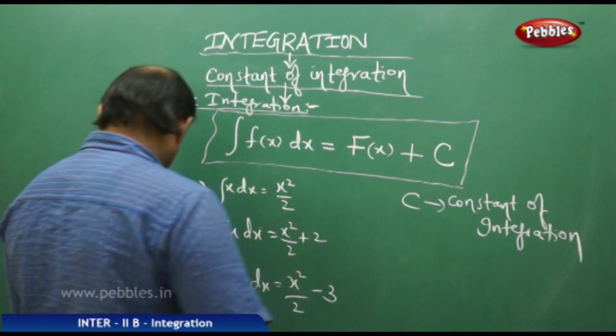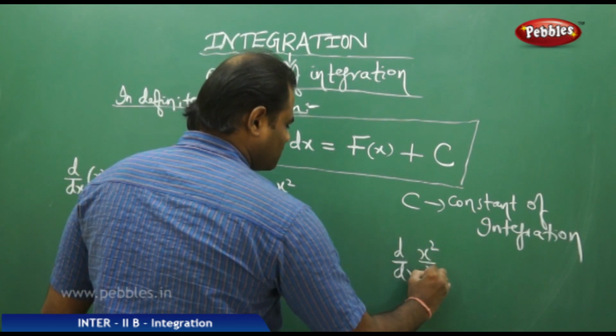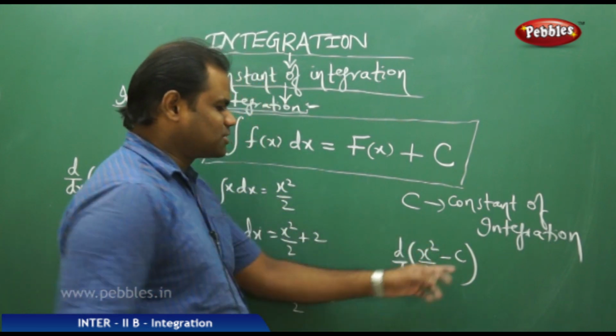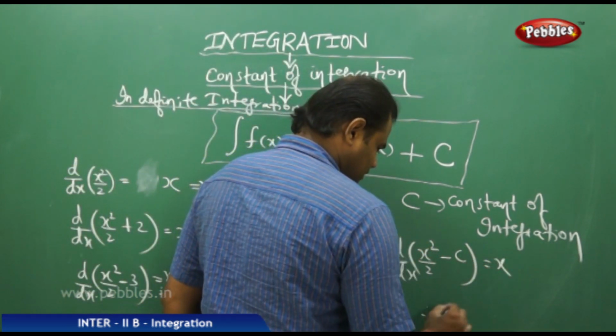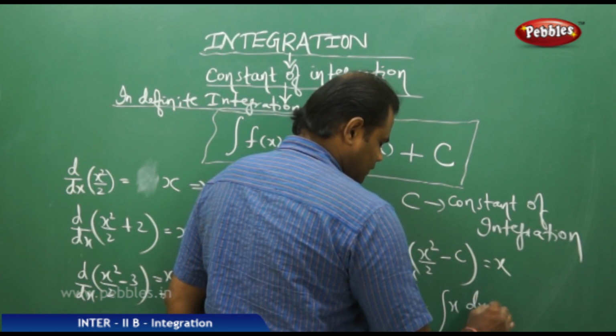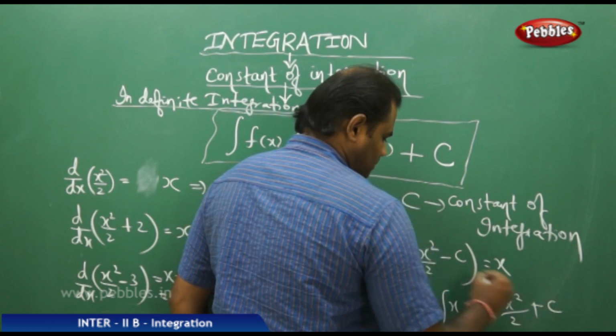Therefore, concluding, d by dx of x squared by 2 minus any constant I include here gives me the value x. Therefore, the integral of x dx is x squared by 2 plus c.